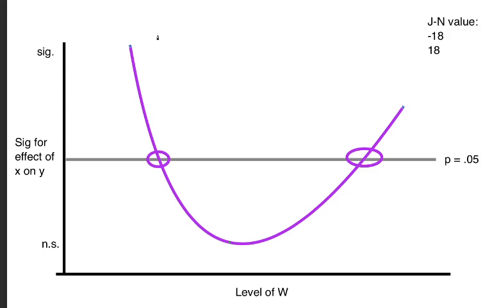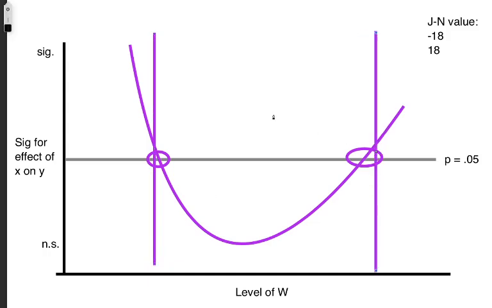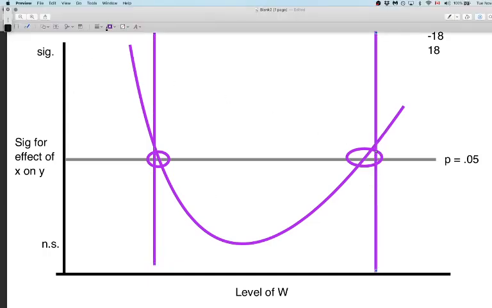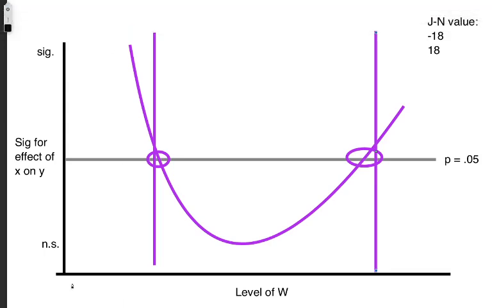Essentially, everything at these levels of W is significant, the relationship between X and Y, rather, is significant.